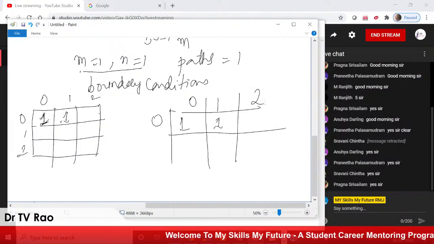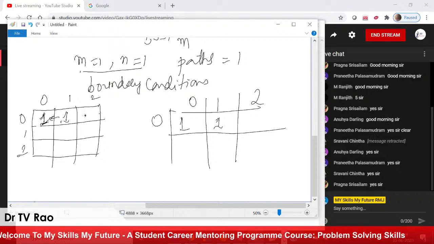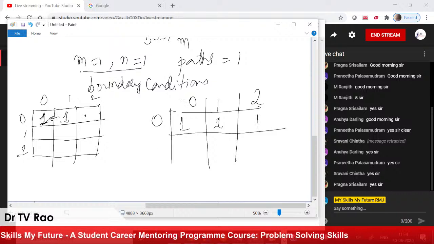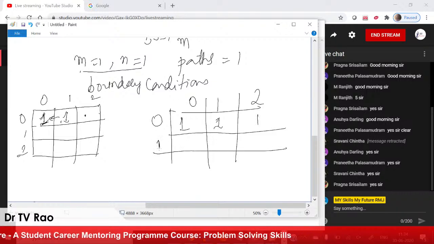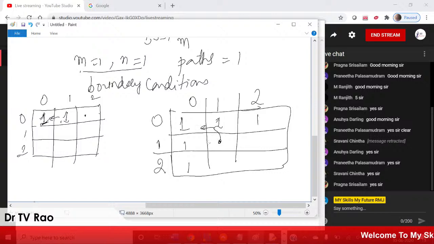From here, only one way. From here also there is only one way. Now, from here you can go like this or you can go like this.